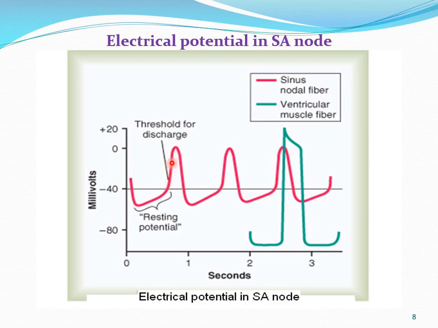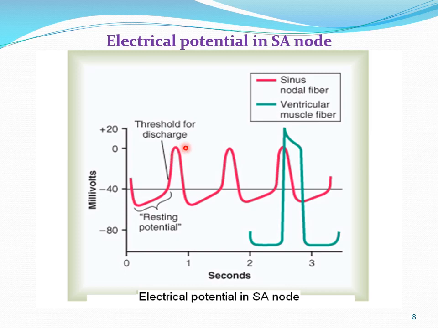That means diffusion of positively charged ions inside the fibers, and it increases the potential inside the fibers from minus 40 millivolt towards zero potential. And it is called depolarization.